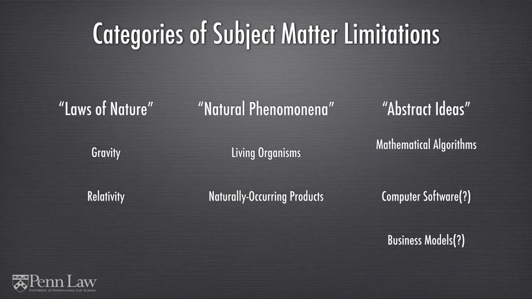Can computer software, for example, be patented? Because really what computer software is, is just an algorithmic set of instructions, often using math for a general purpose computer. Similarly, business models, which have undergone a lot of patenting in recent decades, is another area in which the abstract ideas exception comes to bear, as we'll find out when we talk about that in more detail.